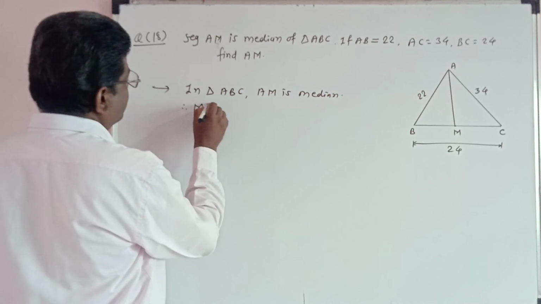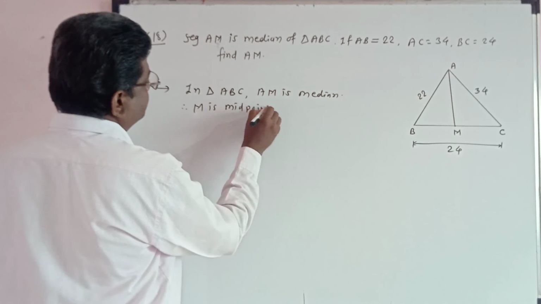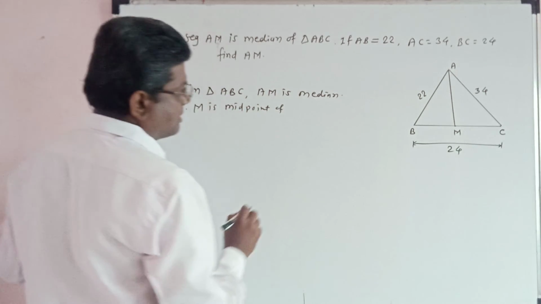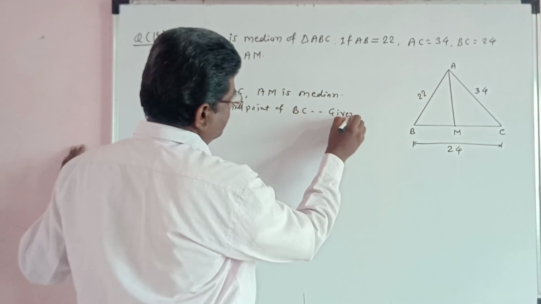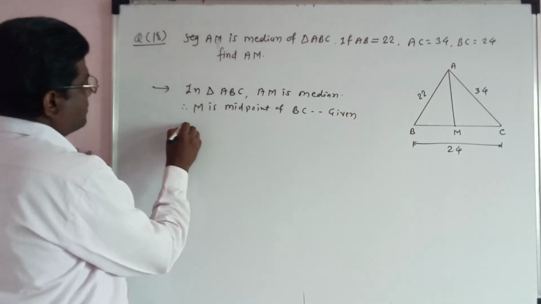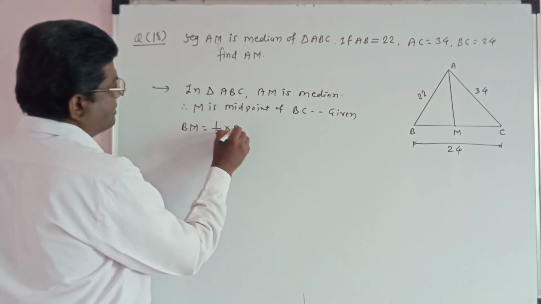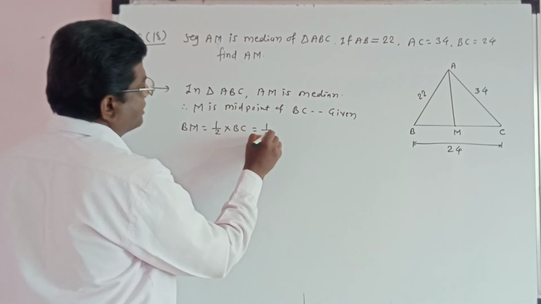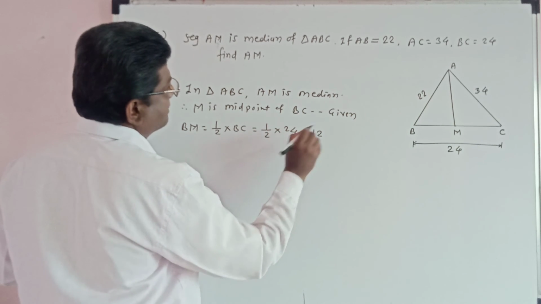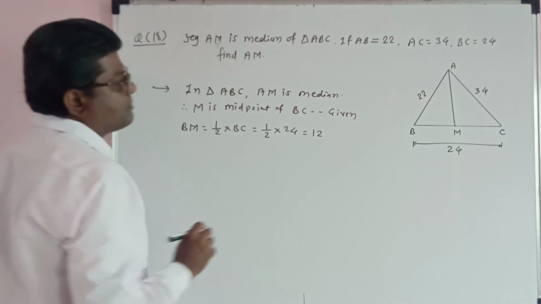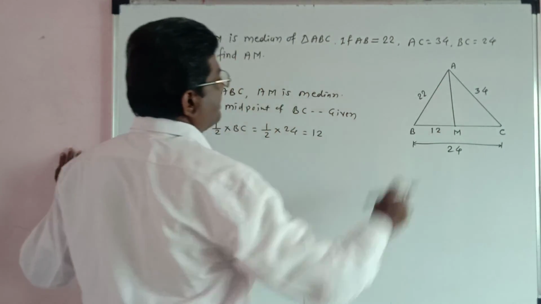Therefore M is the midpoint of BC. This is given. Therefore BM is equal to 1 upon 2 into BC, is equal to 1 upon 2 into 24, is equal to 12. BM is equal to 12 here. And we have to find AM.